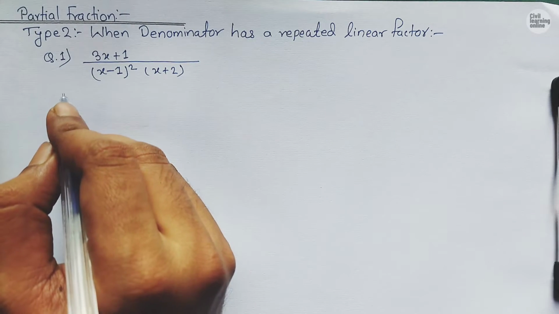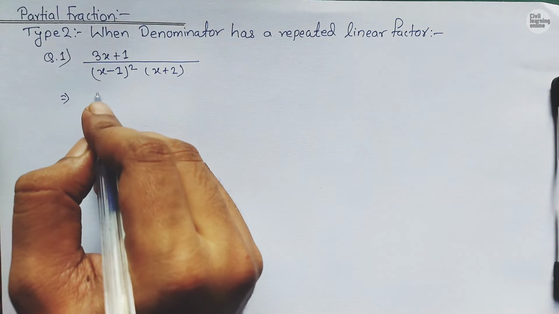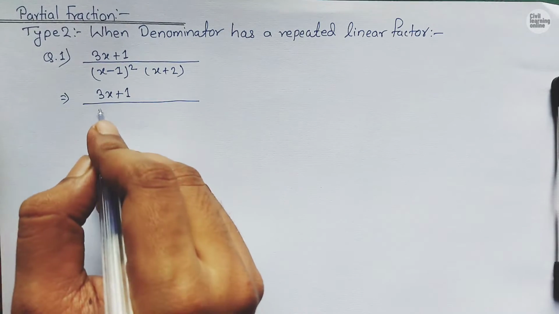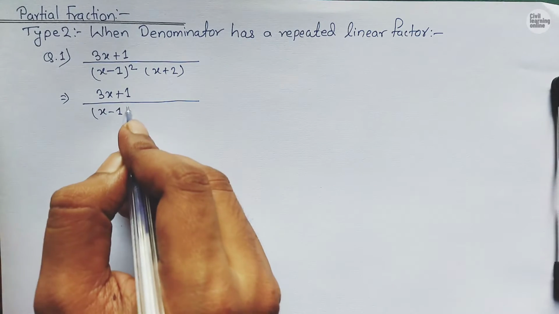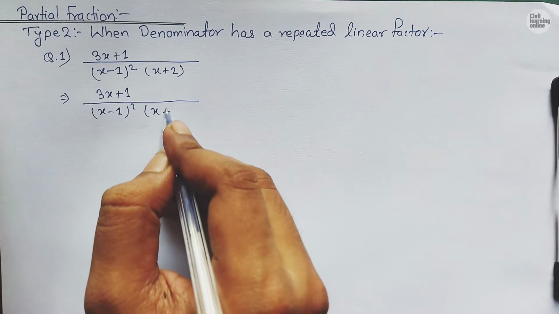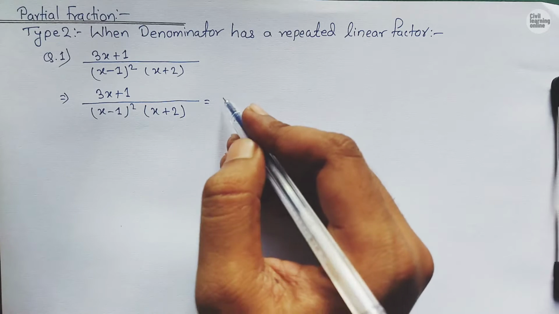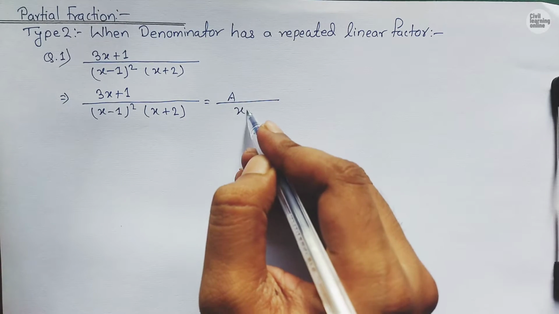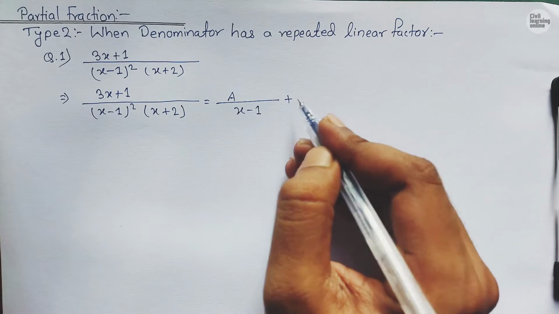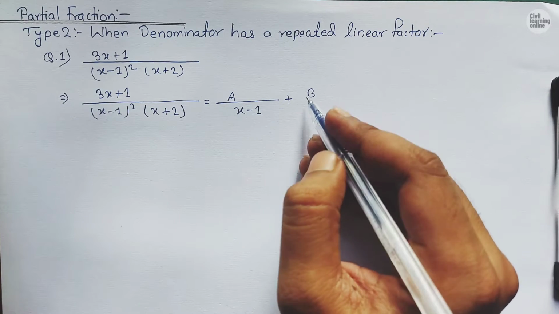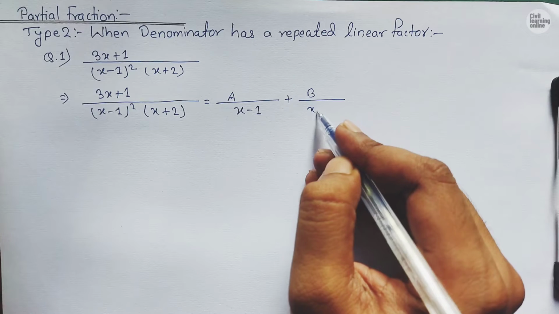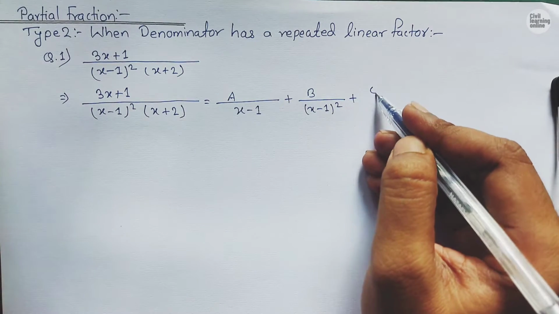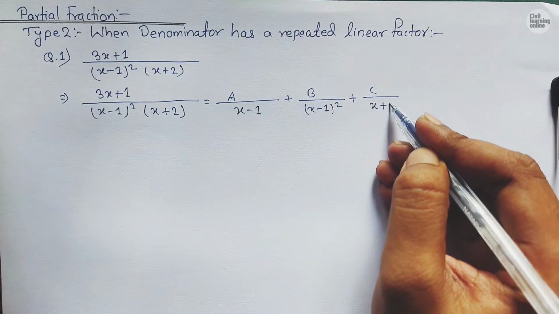What we will do here is rewrite it as 3x plus 1 upon (x minus 1) whole square times (x plus 2) equals a upon (x minus 1) plus b upon (x minus 1) whole square plus c upon (x plus 2).